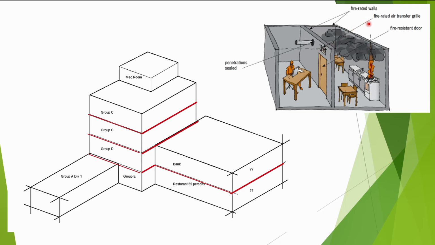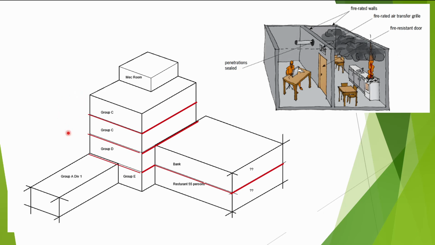Also, the vents are fire separated, meaning they have stoppers to prevent any smoke from entering the office room from the kitchen. Again, the doors are fire resistance doors. With the fire occurring in this room, you want to give the occupant enough time to escape from the room, and also to contain the fire in the room so that firefighters can get on site in order to stop the fire.